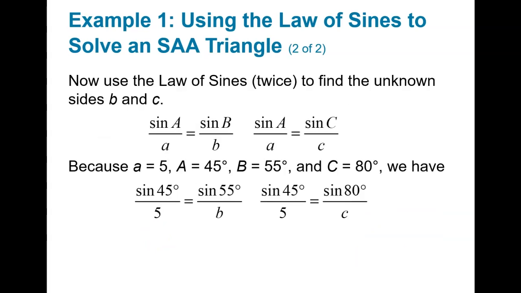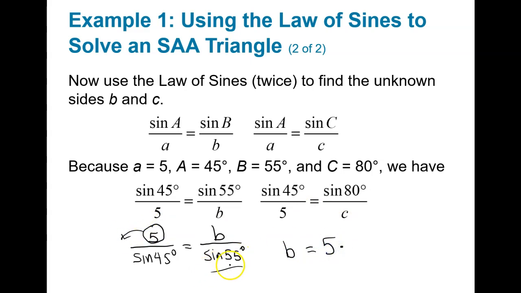Again, I would personally, this is the PowerPoint setup, I would have set it up this way. That way, all I have to do is multiply both sides by this sine of 55, and I end up with b equals, I like to pull this out, 5 times, and then you're just multiplying this over. So it's the sine of 55 up in the numerator, and the sine of 45 in the denominator.